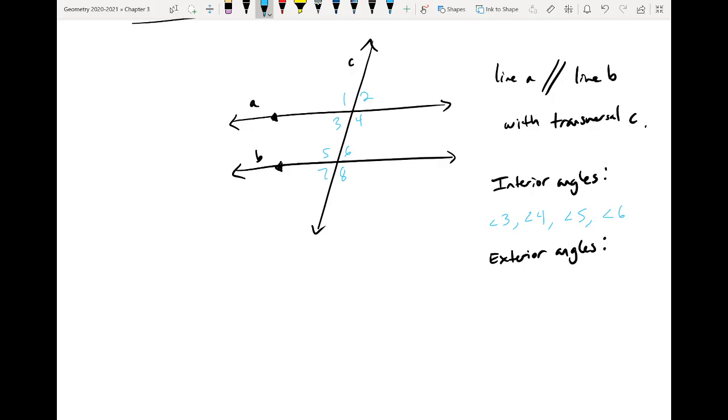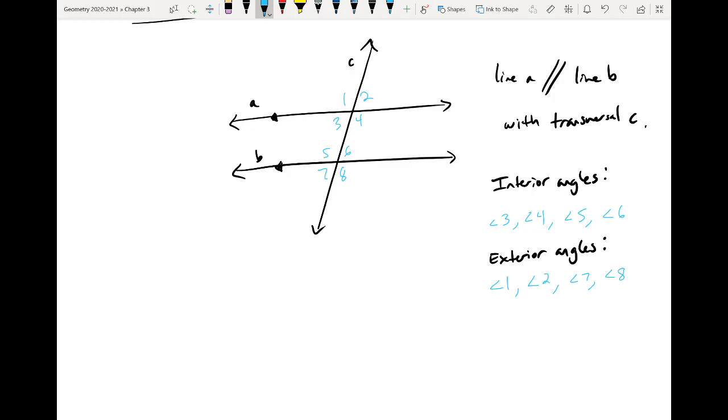And then I also have the exterior angles. I have angles 1 and 2. There are 4 of these. And the last 2, wild guess of course, would be angles 7 and 8.